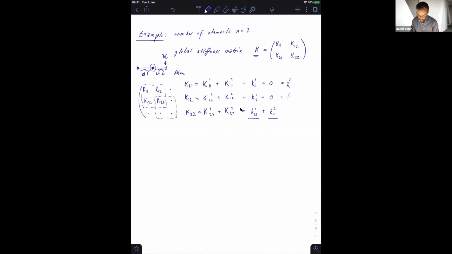This would be 1 over H1 times minus 1. And then here we would have K22 from element 1 is 1 over H1 plus K11 from element 2, that would be 1 over H2.